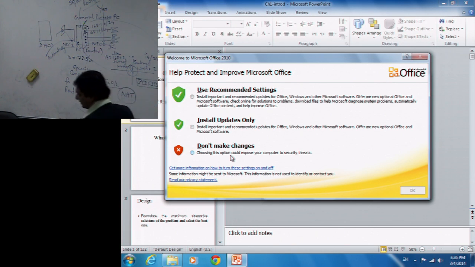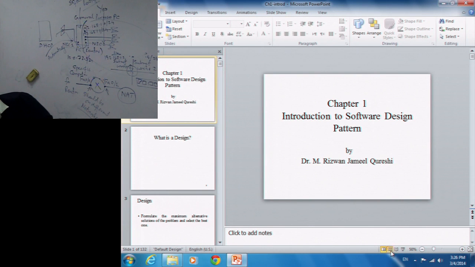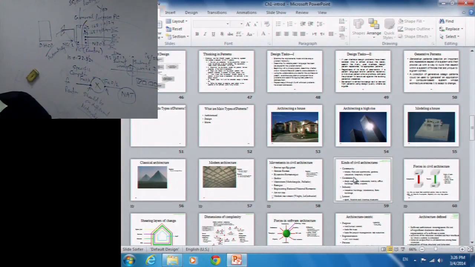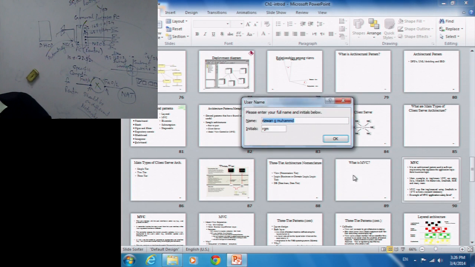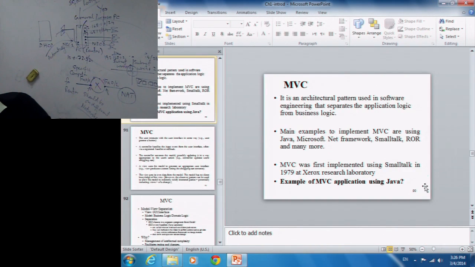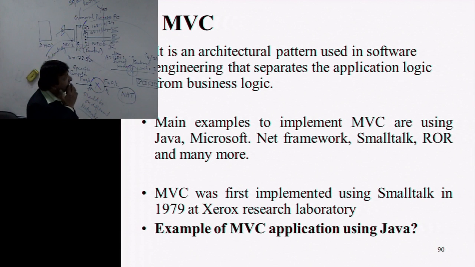That was the last lecture. MVC is an architectural pattern that separates the application logic from the business logic.